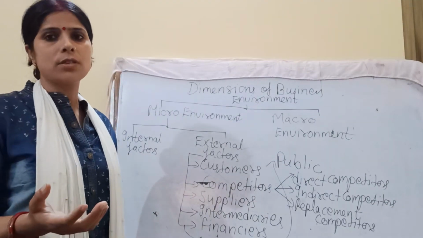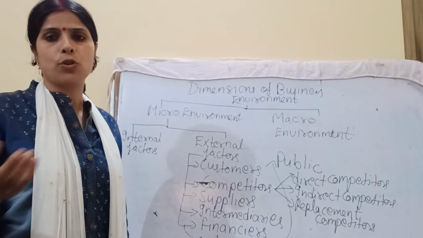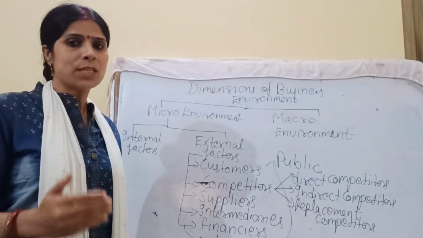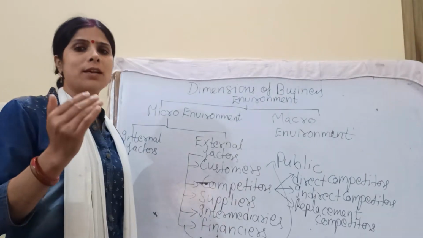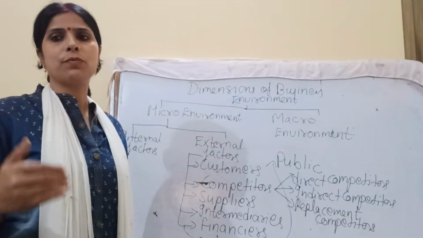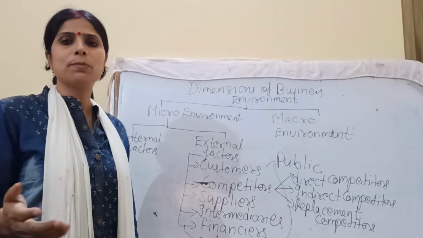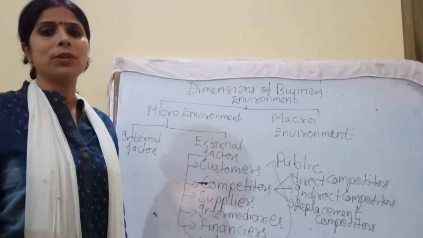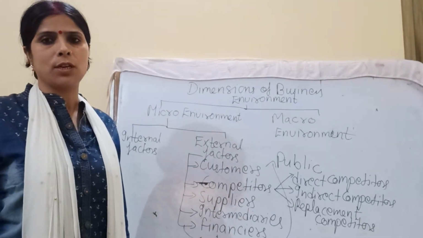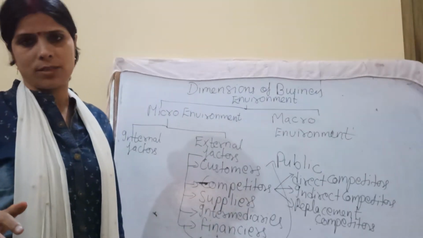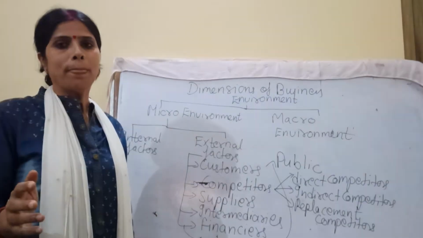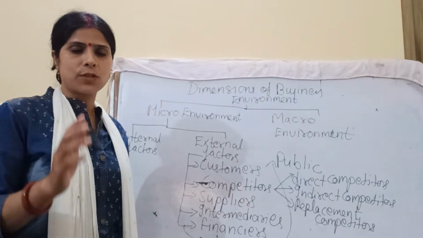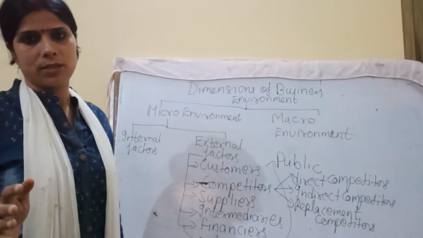These financiers, like financial institutions, debenture holders, and shareholders, provide financial help to the business concerns. As we have already discussed in class 11, a public company can raise funds from the general public. A private company cannot, but public companies have the privilege of raising funds from the general public. They can issue different types of shares like equity shares and preference shares, collect the funds, and satisfy the needs of the business.